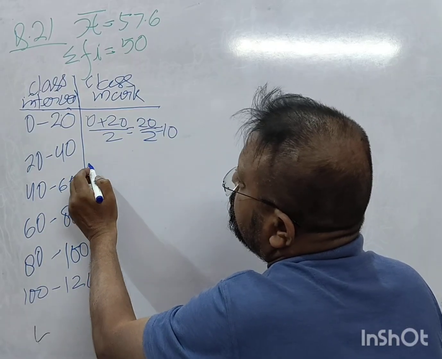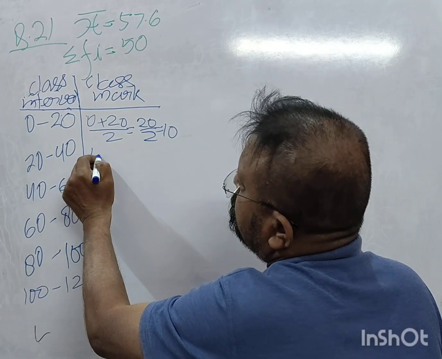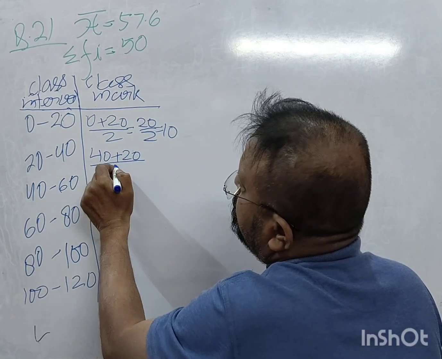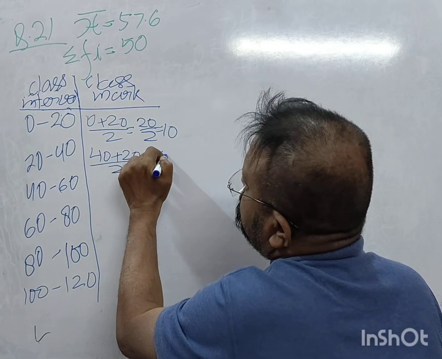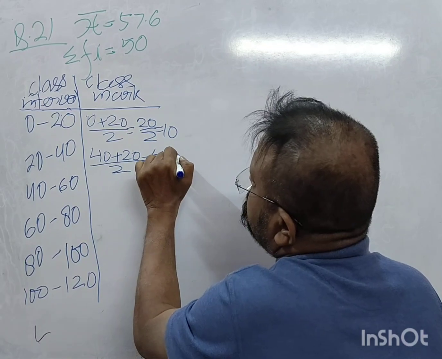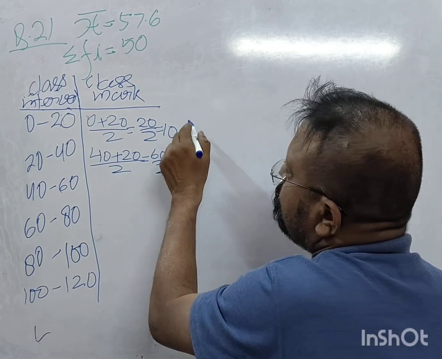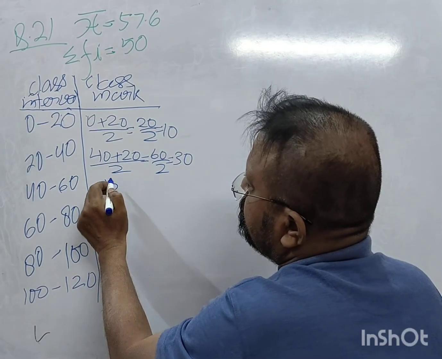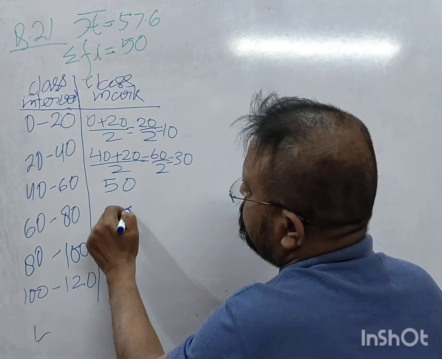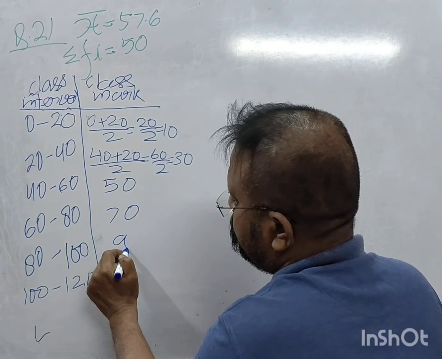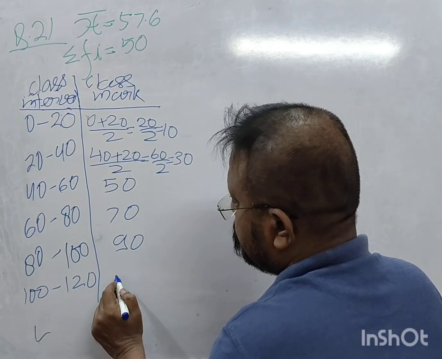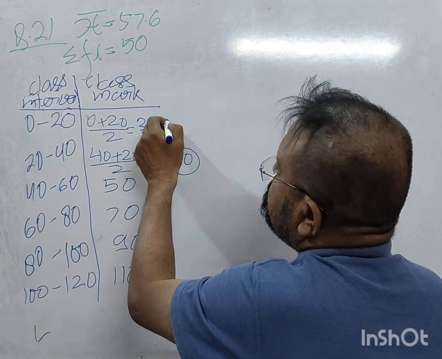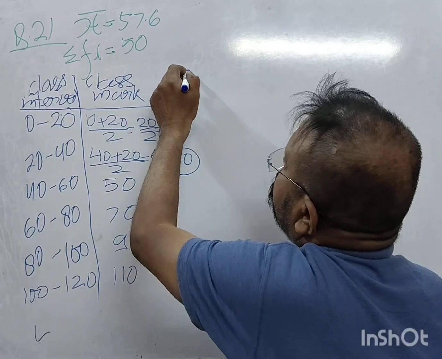Then 20 plus 40 divided by 2 becomes 60 by 2, which is 30. So there is a difference of 20: it is 50, 70, 90, 110. These are the class marks we have.